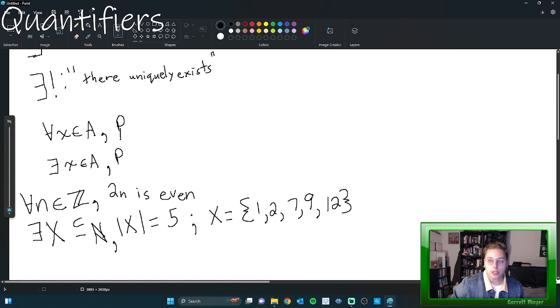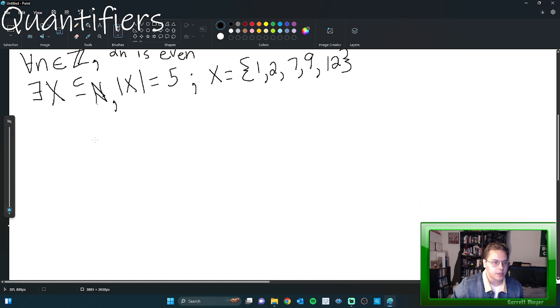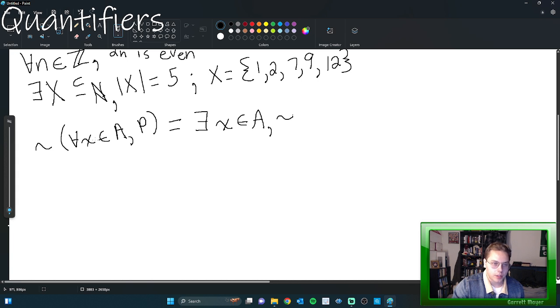Along with this, we also have their negations. If we wanted to say it's not the case that for all x in A, P is true, the negation of that is that there exists an x in A where P is not true.